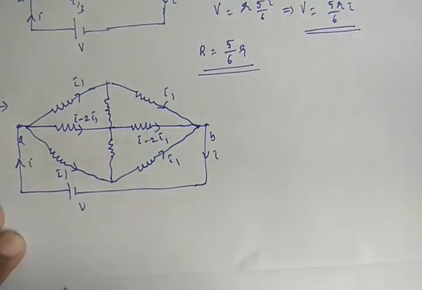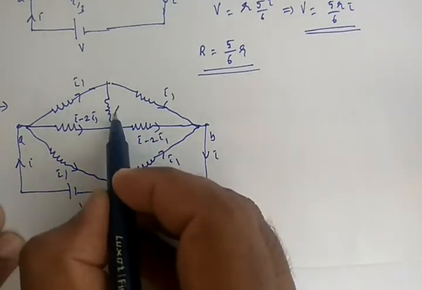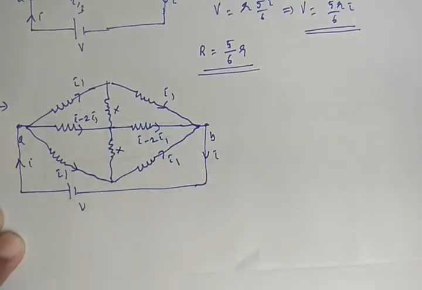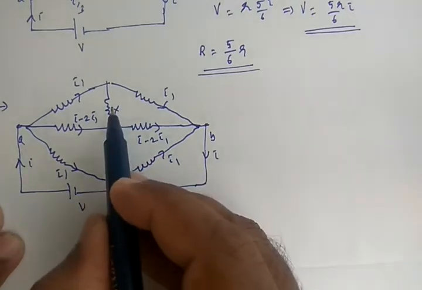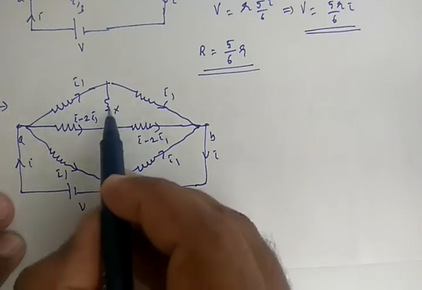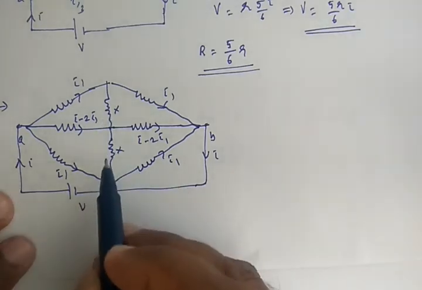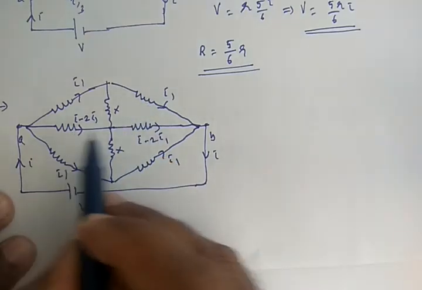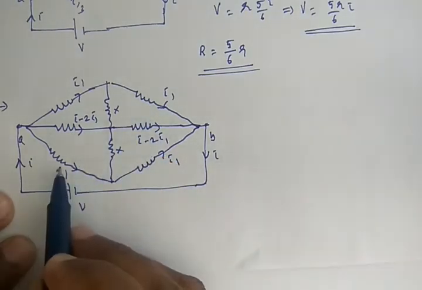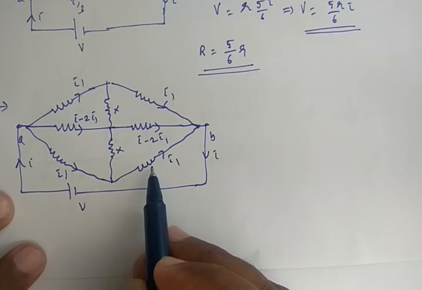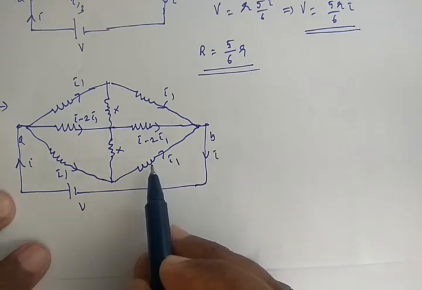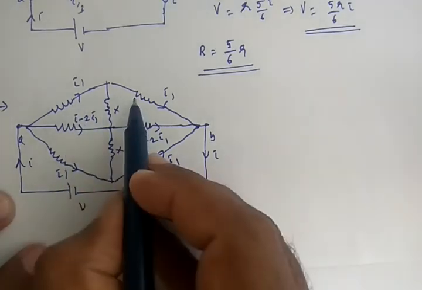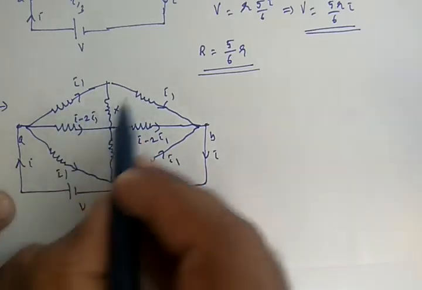So now you see very clearly that there is no current through this line and there is no current through that line. If there is no current through this and that, you can remove these two. So when you remove these two, this R and that R are in series, and these are in series, and these are also in series, then we get this R and this R. Then 2R is the effective resistance.